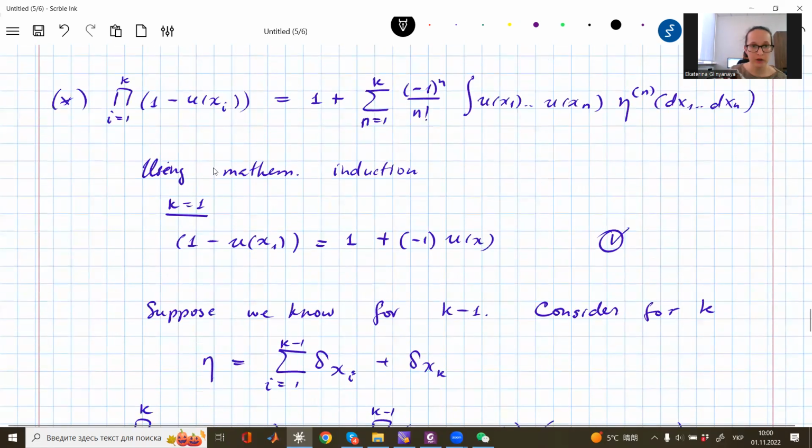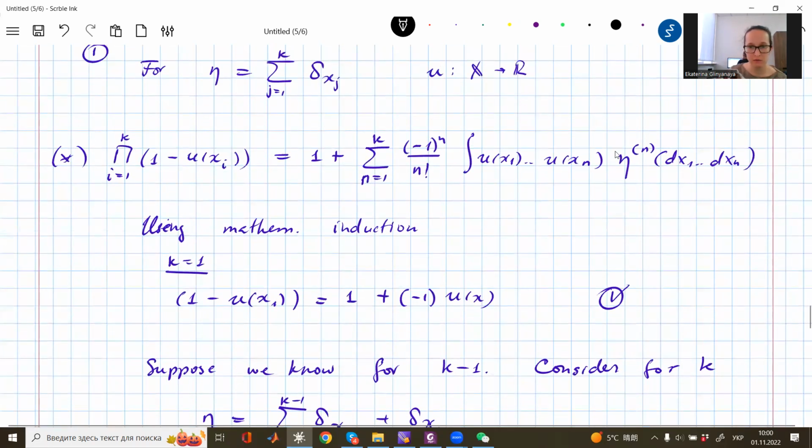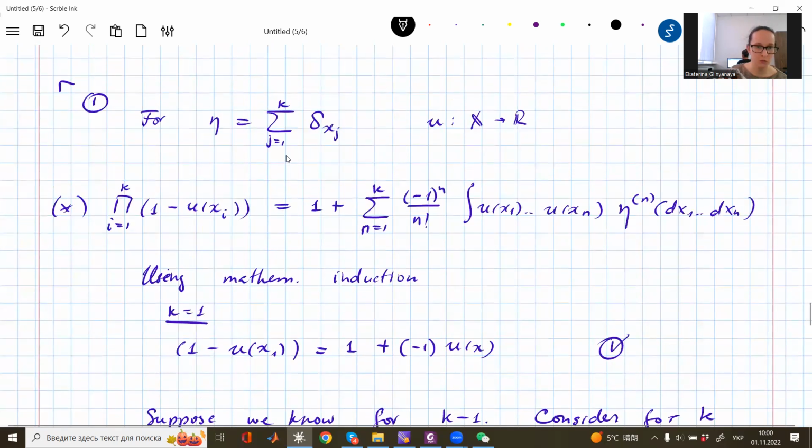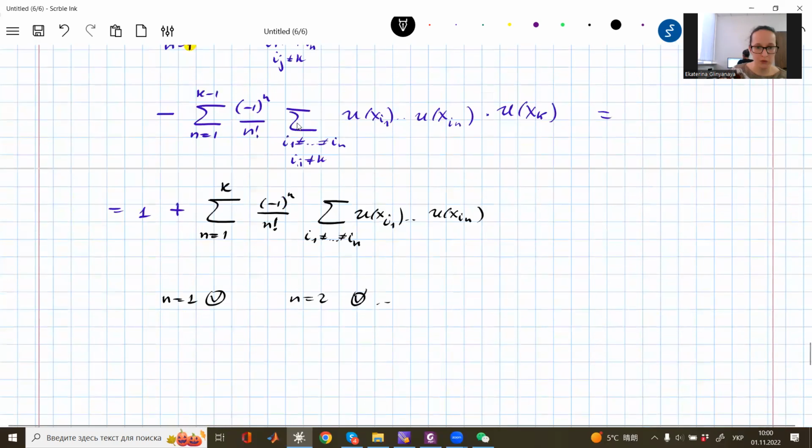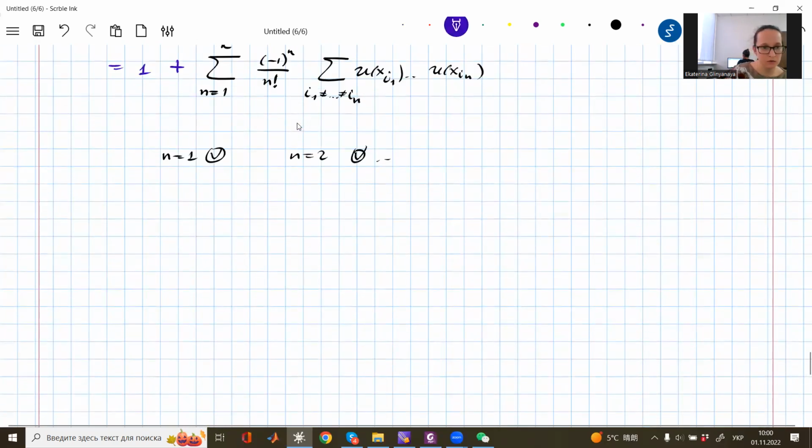Okay, when we have this nice formula, then we can apply it to our case. Indeed, what do we need? This is the second step of the proof. First we write the expectation of the integral. What do we have?